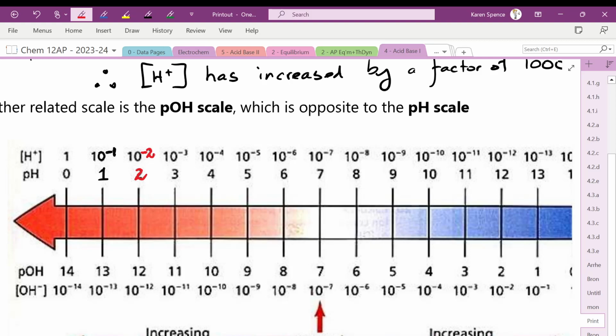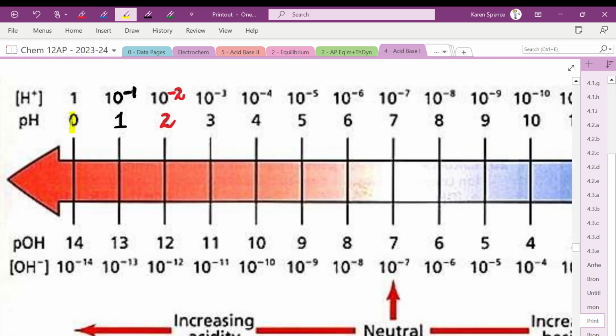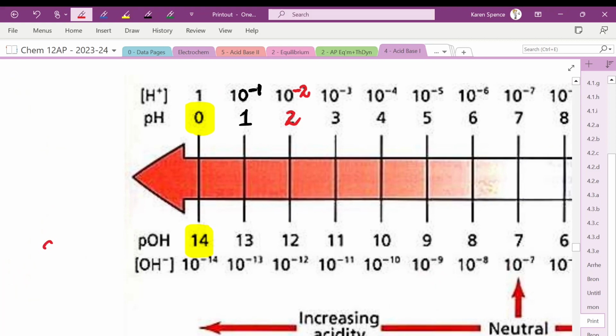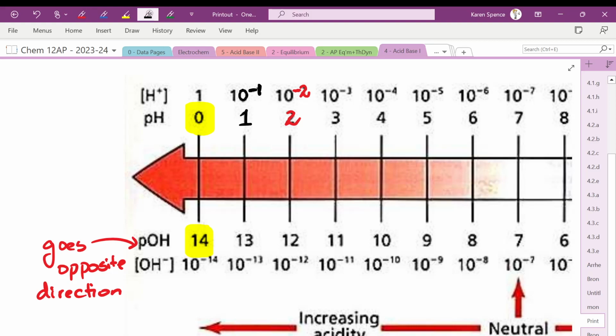So if you are at pH equals 0, then pOH is equal to 14. So it reads the opposite way. So if pH is 0, concentration of hydrogen is 10 to the 0, which is 1.